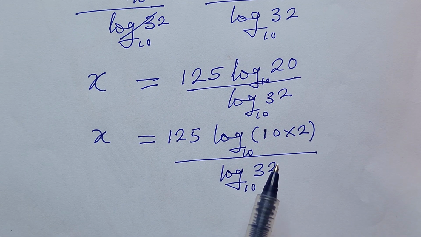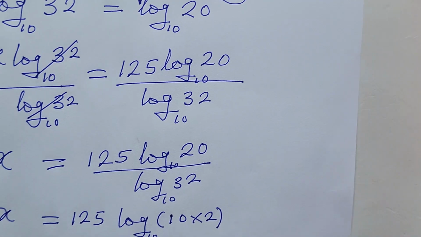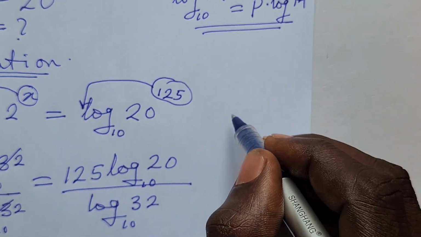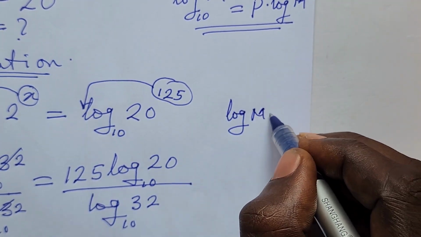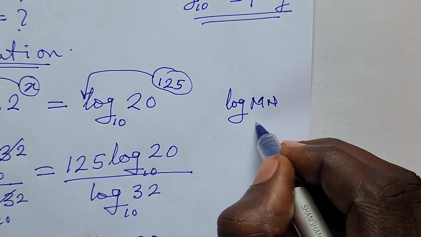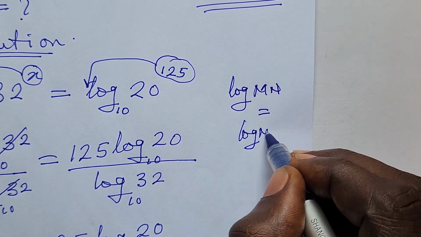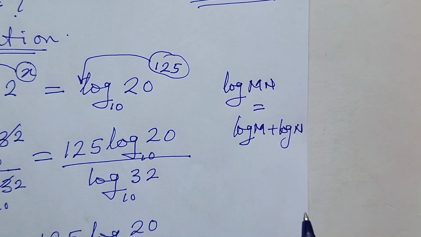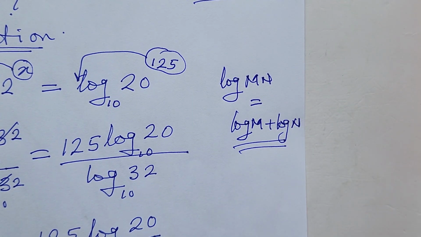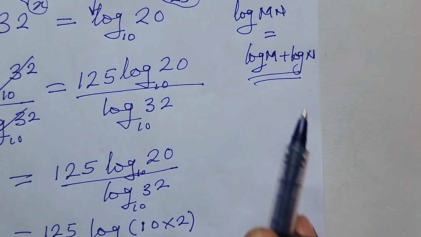So we apply the multiplication law of logarithms again. It says that if you have log of m times n, this could be written as log m plus log n. Remember this? Right. So we can rewrite this in this format.